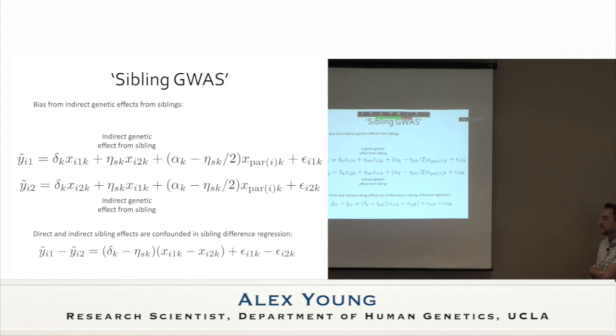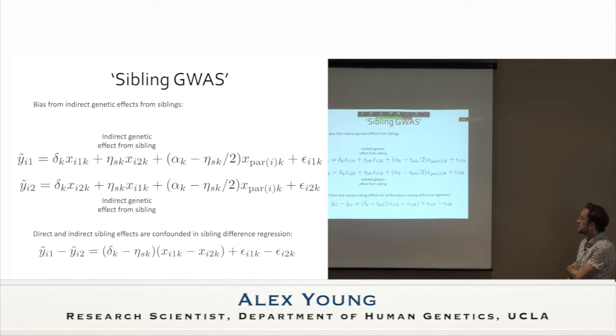That means that for any given difference in genotypes, because of that indirect effect, the difference in phenotypes is smaller, and that's why the gain is coming in negative.